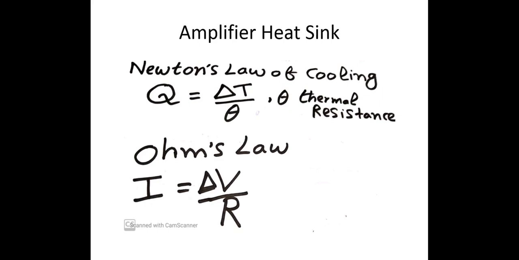So how can we study heat dissipation in power amplifiers and how can we calculate the maximum power level that a transistor can handle without heating up to an unacceptable temperature.